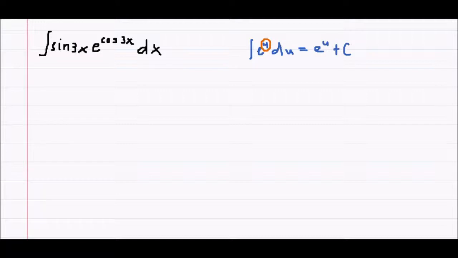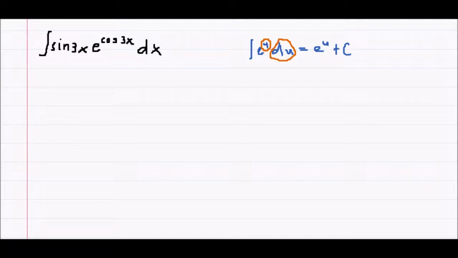Upon knowing your u, you will try to find the du, or the derivative of that function. And if that du can be found in the given integral, then you can apply this formula.